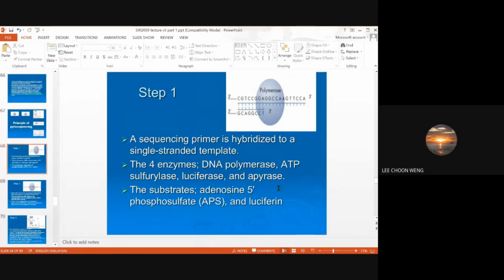You also have substrates, your adenosine 5'-phosphosulfate and luciferin.